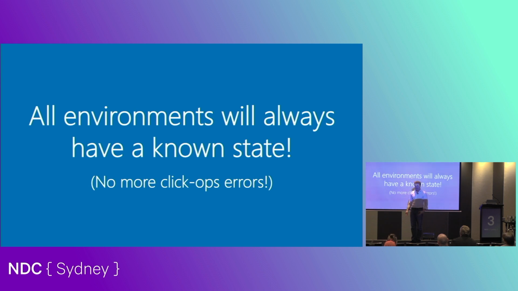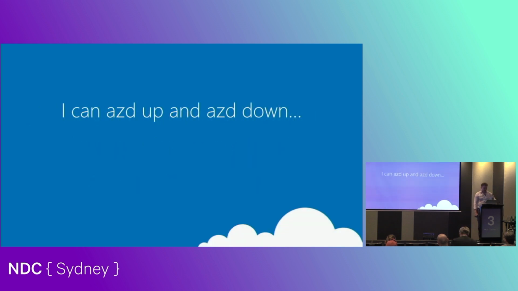And now we're chasing ghosts around the internet because the thing that works in production is not working in test or vice versa, right? With this, all the environments always come from a known state because you set them up when you need them from an automation. So we're removing Dave from the equation. We don't want to have him in there. So no more ClickOps errors. That's good.